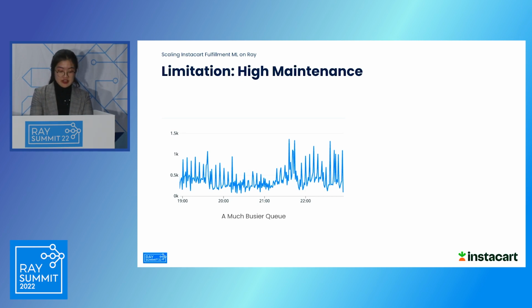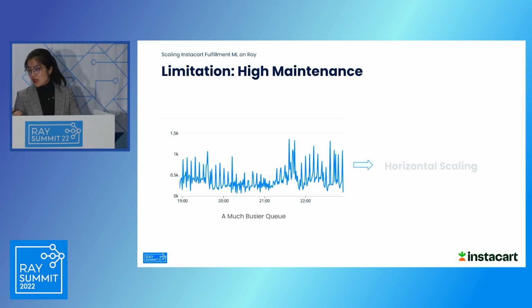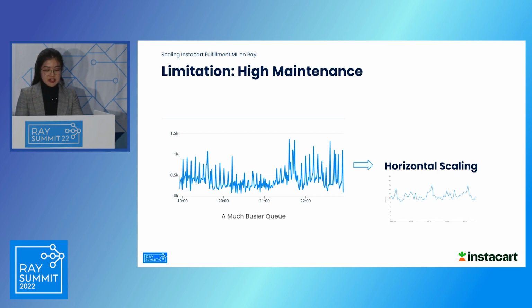In such case, we either have to manually move some models to a lighter loaded queue by going through the service redeployment, or we do horizontal upscaling by adding more Celery workers to the queue to process the tasks. However, keep in mind that the added workers will still be processing very lightweight algorithms. Therefore, the horizontal scaling will end up with adding more and more low-utilized workers and continuously increasing our bill.